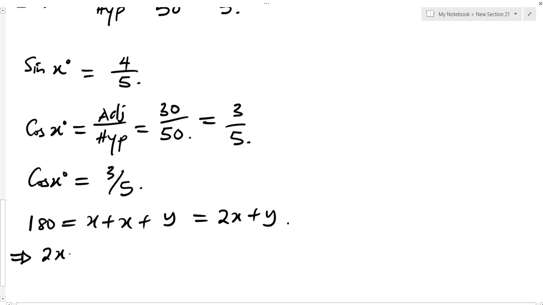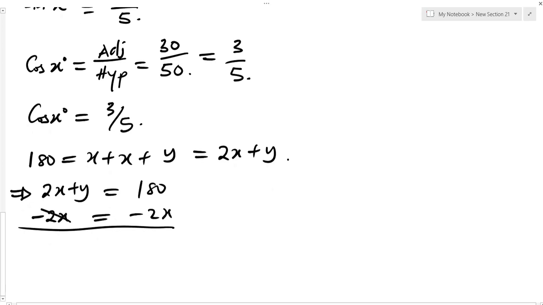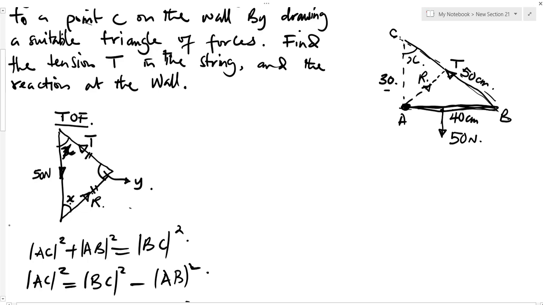So it implies that 2x plus y is equal to 180. Now adding minus 2x to both sides of the equation, the left hand side will be y, which will be equal to 180 minus 2x. Now we have gotten the values of all the three angles in terms of x.